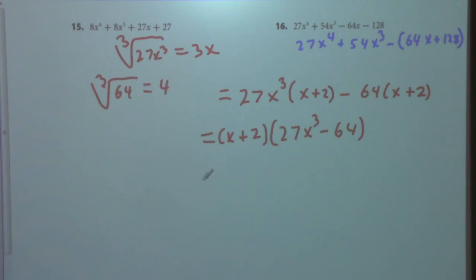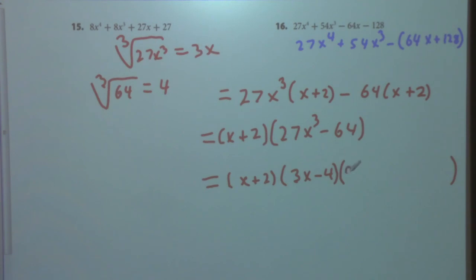So now we can go ahead, Atlee. Okay, so x plus 2, parentheses, 3x minus 4. And then what goes here? You need to do this thing squared here.